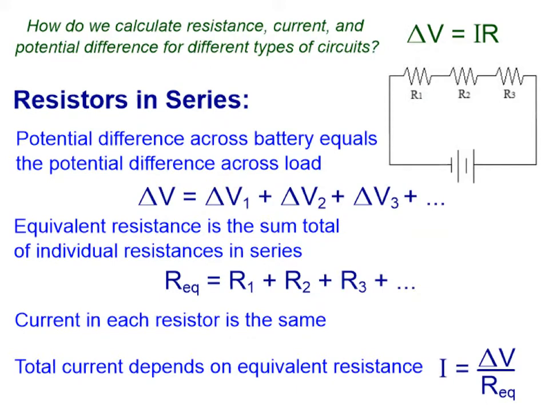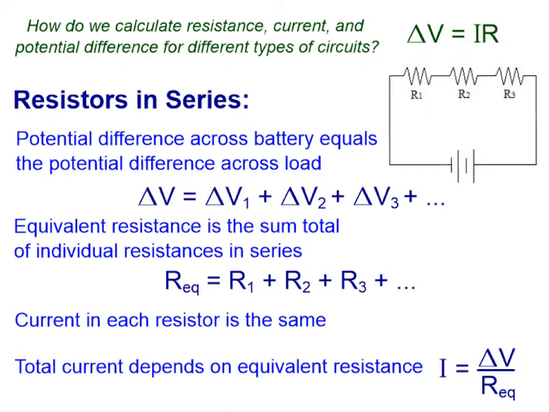An important concept to remember is that for resistors in series, the potential difference across the battery is equal to the potential difference across the load. So we can say that the potential difference across the battery is going to be equal to each of the potential differences across the loads.